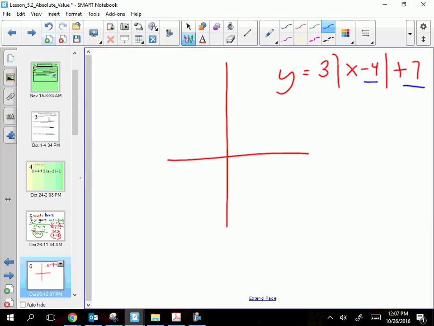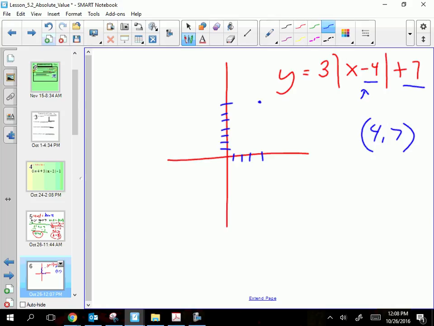So what do you think the vertex, or the place where it makes the turn, is? Negative 4,7 is a really good guess. 4,7. Why 4,7? Because you can't trust the stuff on the inside. Does that ring a bell? So 4,7, I go over 4, up 7. Boom. I got my spot.